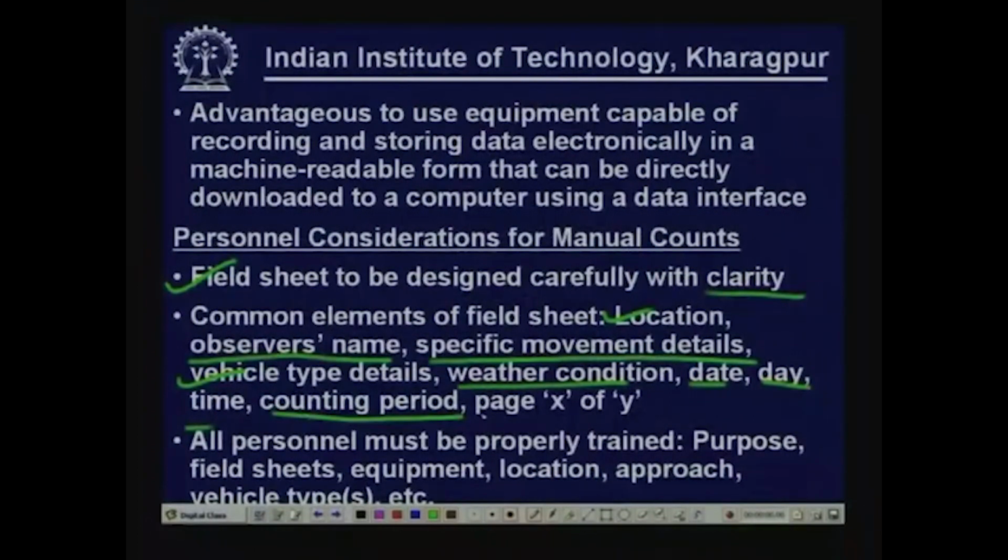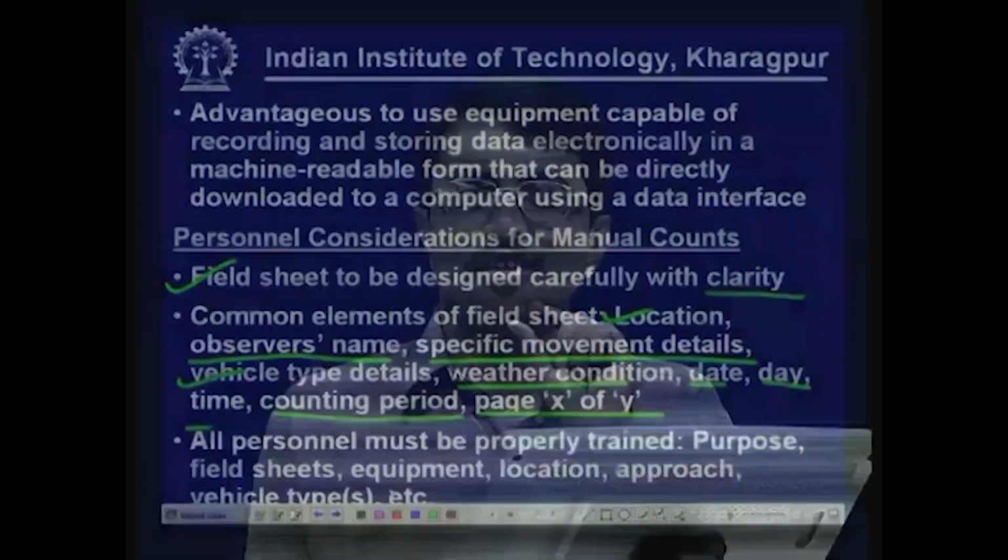So, it is helpful to put page x of y, like page 1 of 10, 2 of 10, 3 of 10. So, we know that those 10 pages are traffic volume data for a particular location, for particular vehicle types, for particular directions.